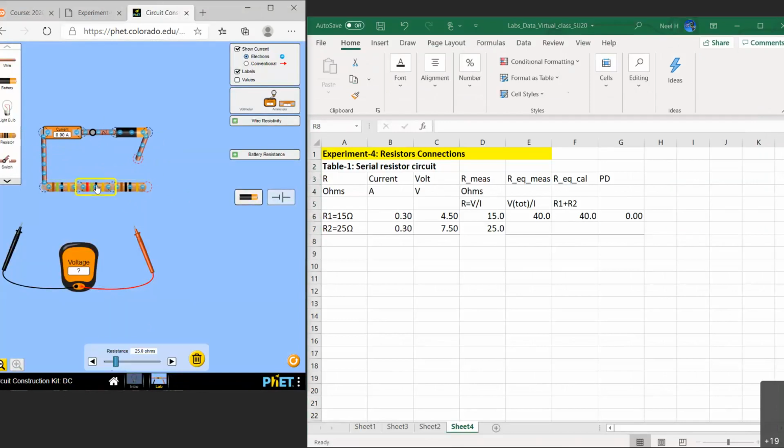Second one is 25. Let's apply 35 to the third one. Third resistor is 35, okay? You can apply any number you like, but make sure you write it down properly. You don't need to use exactly these numbers. If you want to apply different numbers, that's fine, okay? Okay, third one is 35.